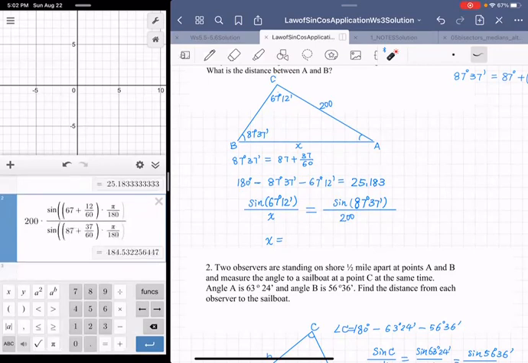Okay, so the x equals to 184.532. Okay. Yeah, we have Michelle, Aiden got correct.